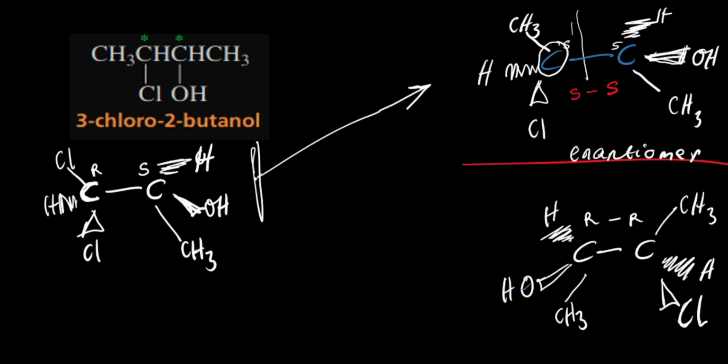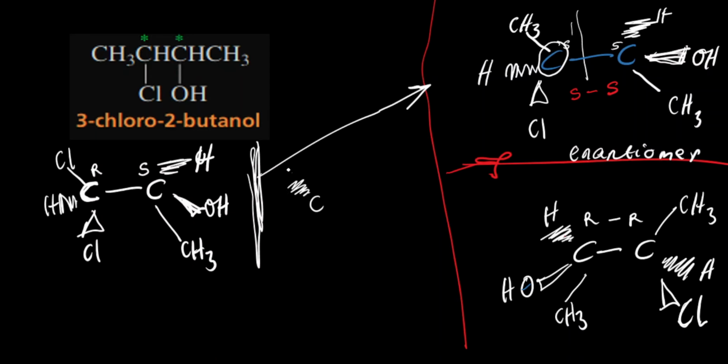So we have our mirror here. These two are mirror images, non-superimposable mirror images. They are enantiomers. Now let's create the mirror image of this. So left becomes right and right becomes left. So we'd have something that looks like this. We'd have hydrogen here. We have an H, OH.